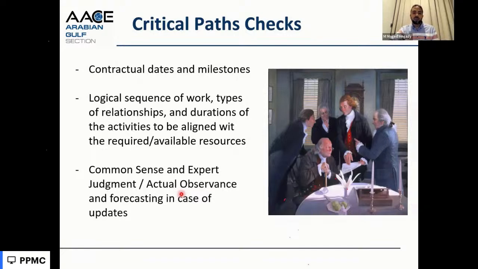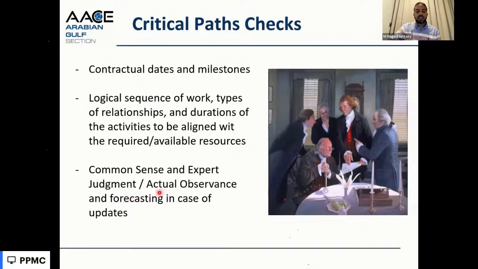The experts who did such projects before know what was critical in this project, and they can tell you these activities are not the critical activities of the project. Normally, in this type of project with these constraints, the critical activities will be such activities. You need to recheck the program and revisit it based on the expert's judgment and common sense.